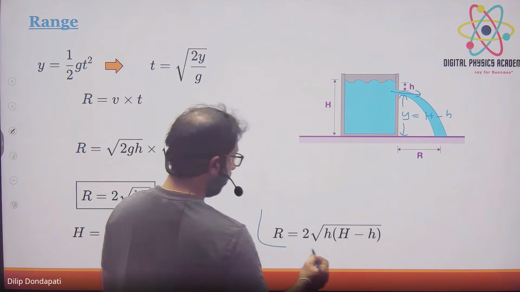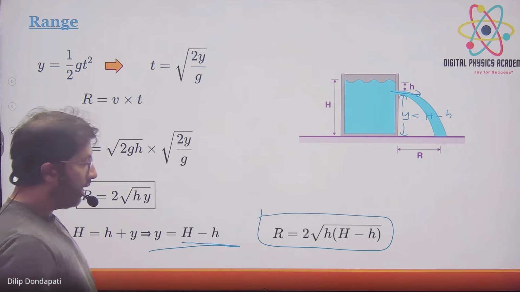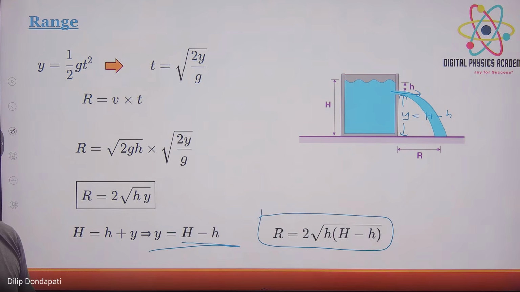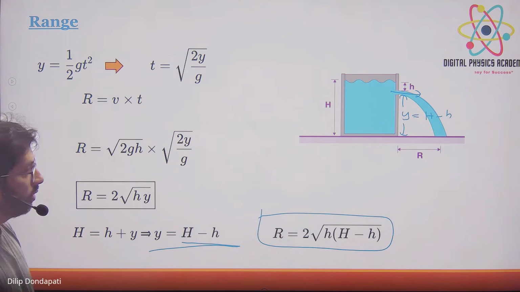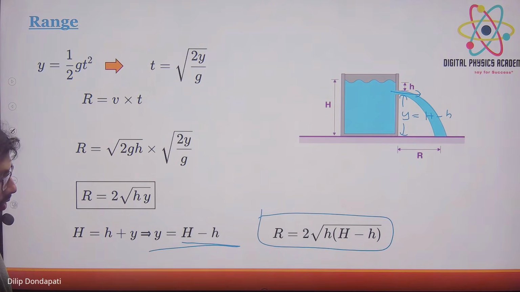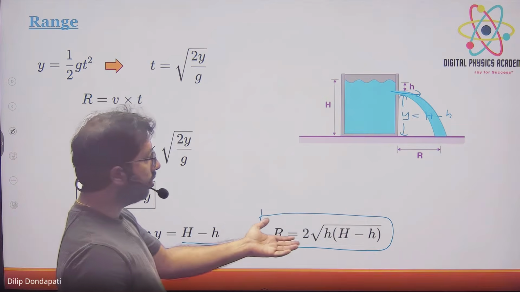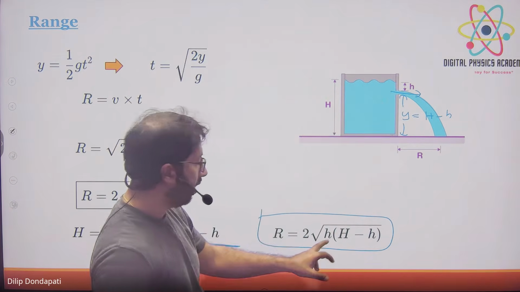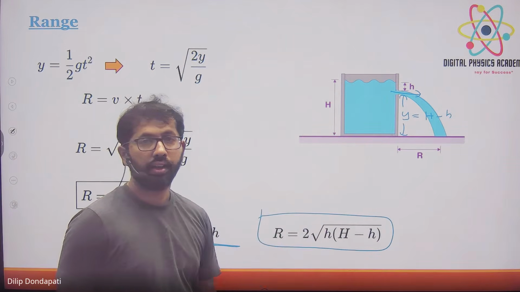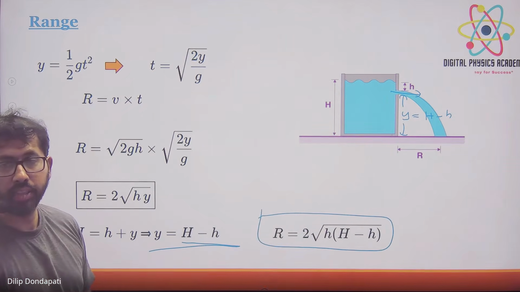It is easy to remember also: under root, upper height into lower height multiplied. 2 under root h into H minus h.